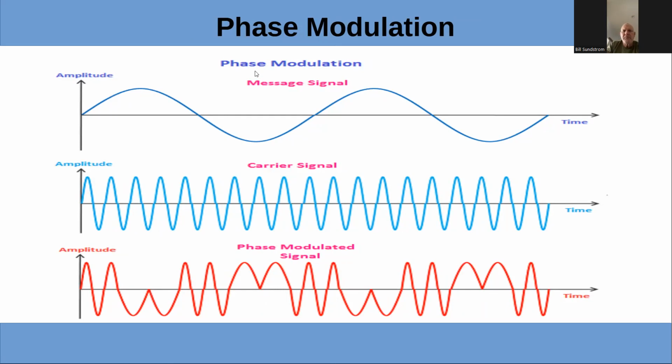Normally, in most cases I've seen, it's done in digital modes. So your message signal is going to be a digital square wave, so you're changing the phase in increments. It may be 2, 4, 8. I think I've seen stuff go up to either 16 or 32.